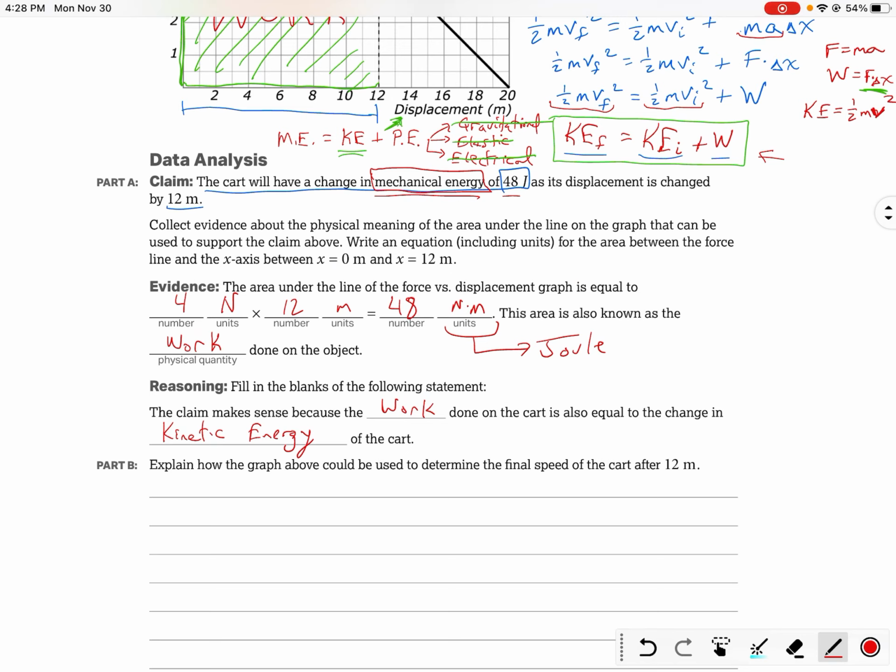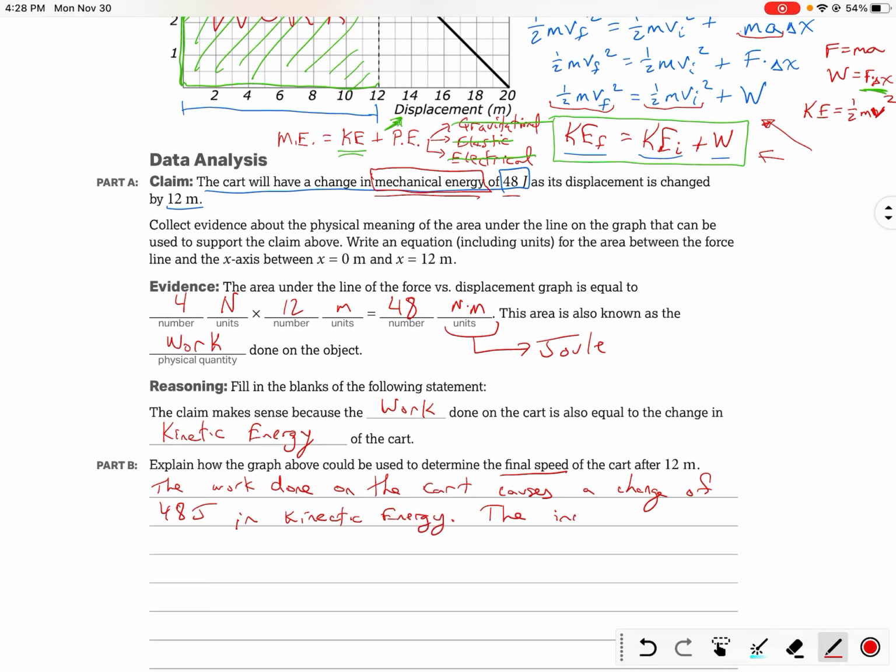Now, if we wanted to determine the final speed of the cart, we can just refer back to this equation right here, and we note that the work done on the cart causes a change of 48 joules in kinetic energy.